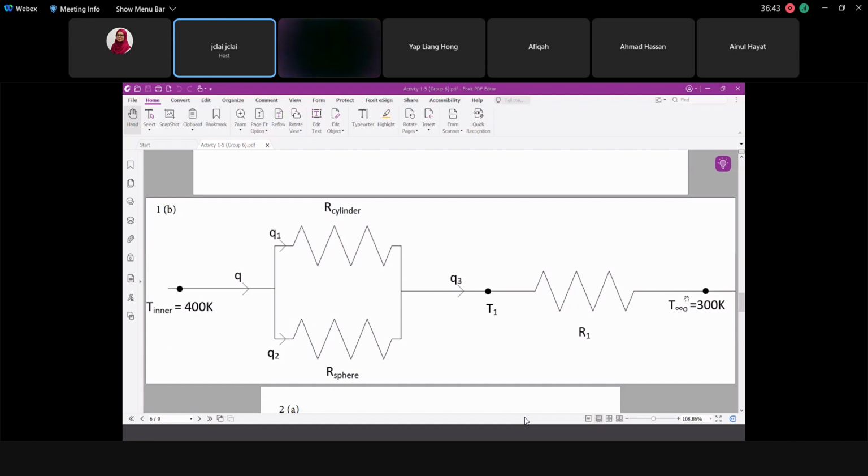If Liang Hong, you have done the calculation and it shows that there is a big difference, I guess most probably this circuit diagram is wrong. But I still need some time to do some investigation to see what is the principle behind. I'm trying to resolve that, to understand that.